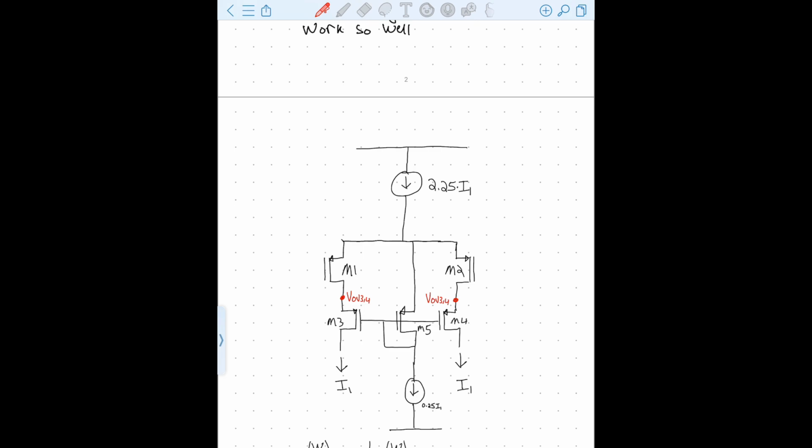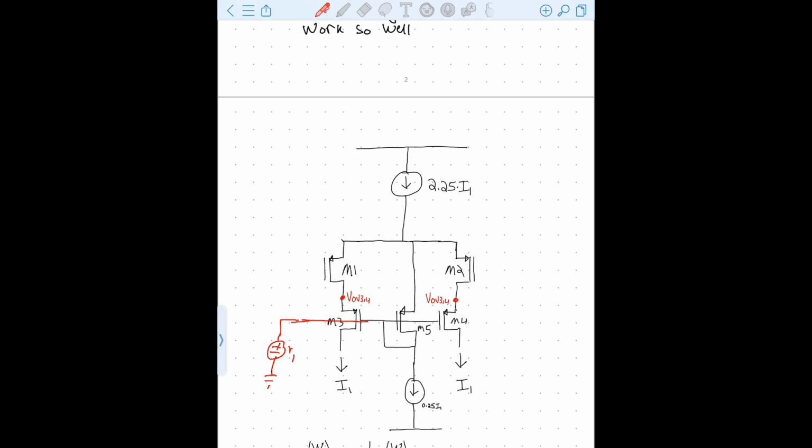Now, a poor way to bias the structure would be if you were to take the gates of M3 and M4 and then bias it to some voltage potential V1. This voltage potential is just a voltage. It's going to stay pretty constant. It's going to be uncorrelated to certain parameters, such as the threshold of the devices there.